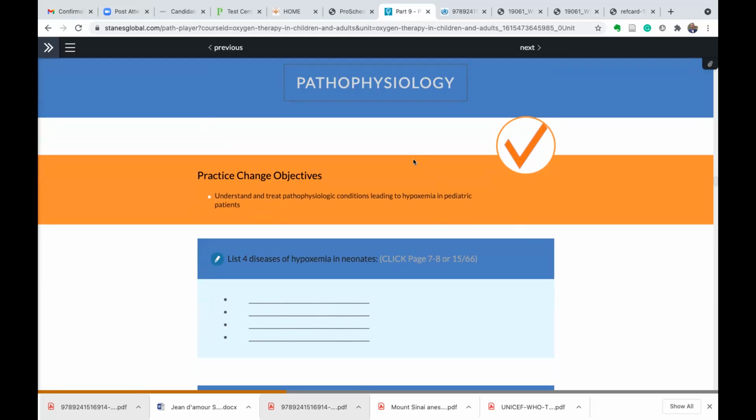So let's start with a simple question. Let us list 4 diseases of hypoxemia in the neonate. So you have about 30 seconds.